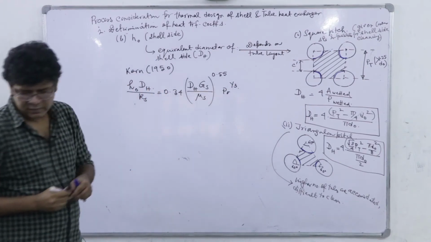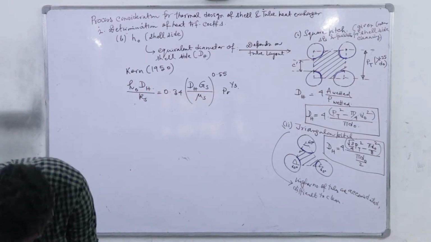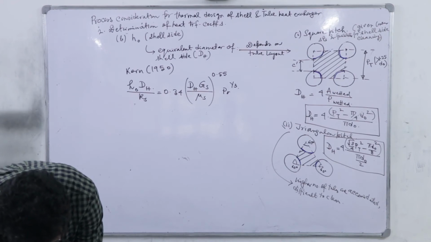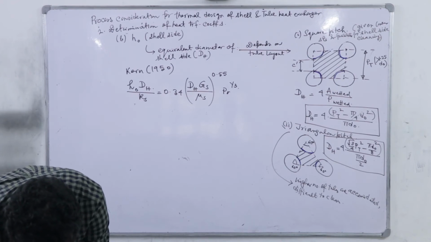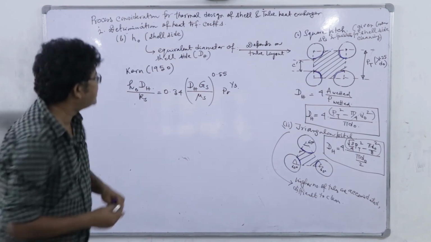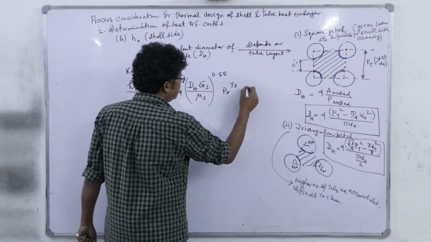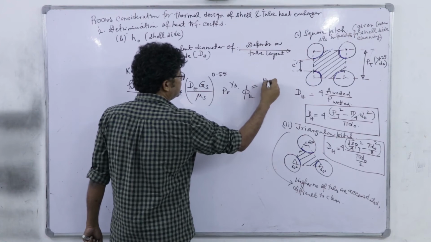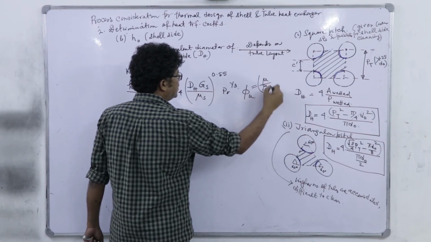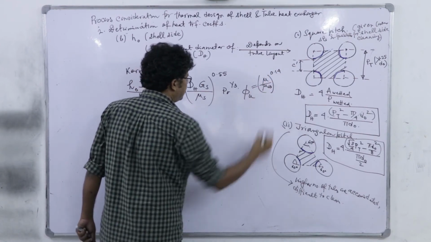Right. So let me check it once again. And definitely there will be a viscosity correction factor phi u, which is mu by mu w to the power 0.14. This is an empirical equation.